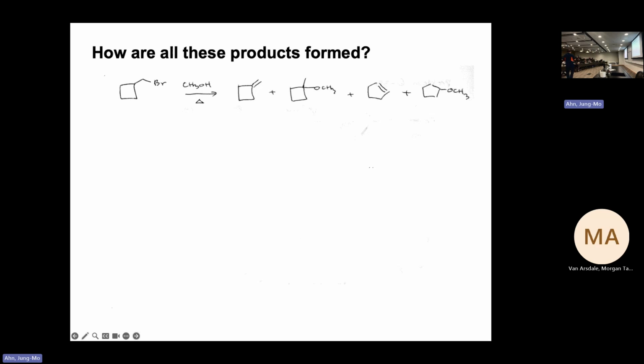That's the reason I keep telling you, when you drink water, you don't die, because neutral water is not a strong base or a strong nucleophile. Think about the water you drink: it's not a strong base or strong nucleophile. So SN2 is not possible because we don't have a strong nucleophile.